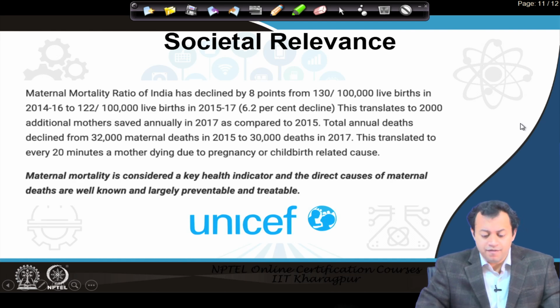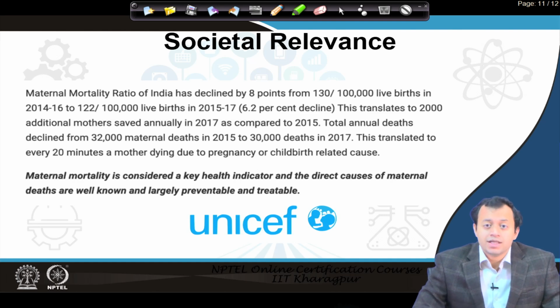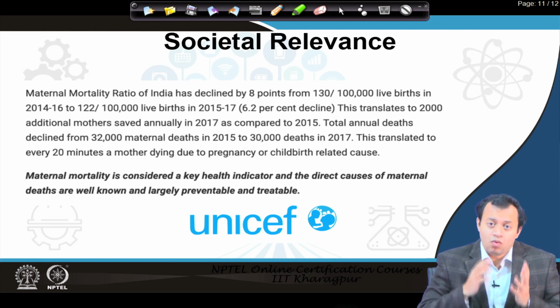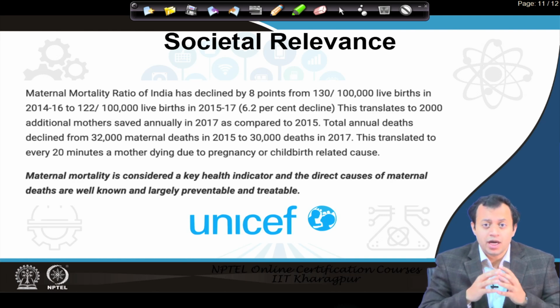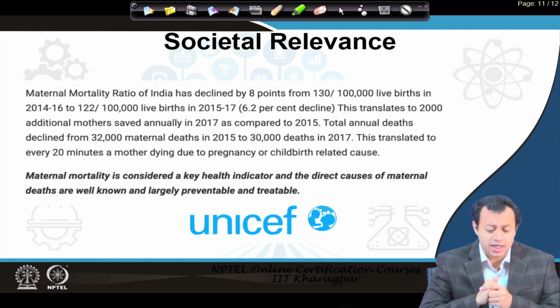So, this is the UNICEF data from I think 2019, which talks about maternal mortality rate, i.e., the total number of women who died during the period of their pregnancy, either while they were pregnant or while giving birth to a child or within few days after giving birth to their child.